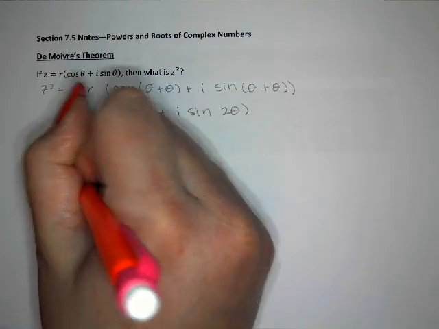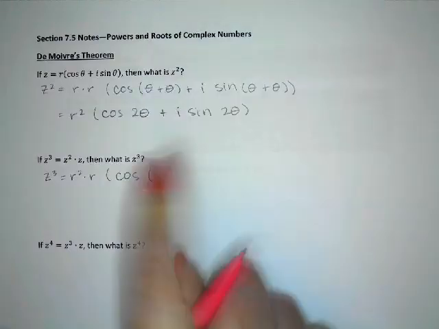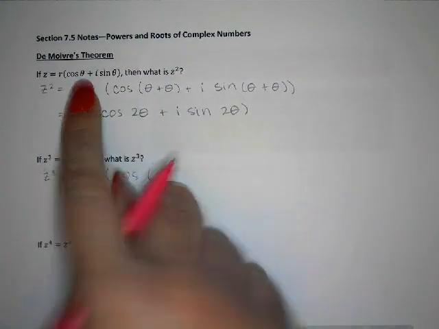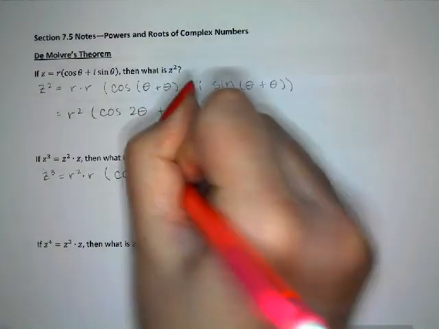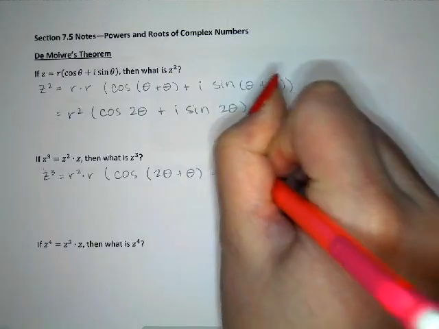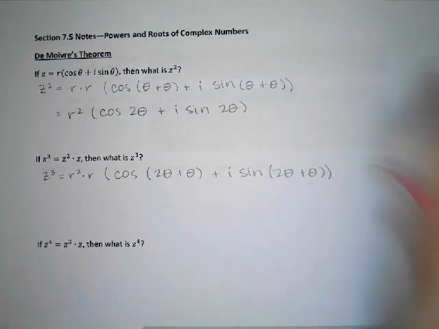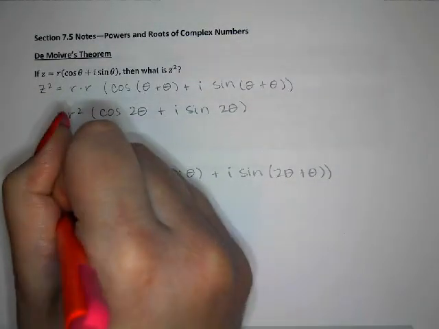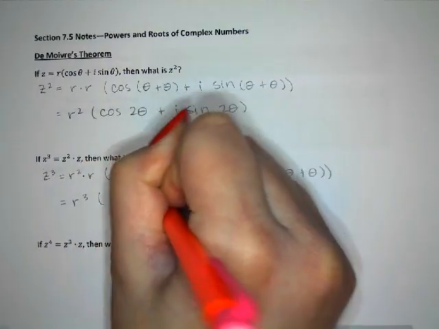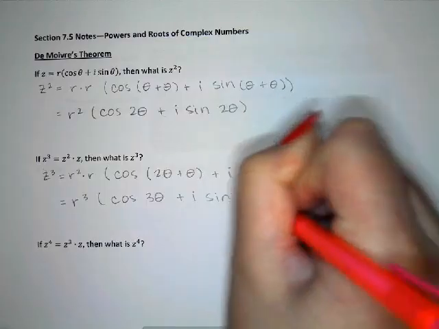That would be r squared times r, cos of the argument of z squared plus the argument of z, so 2 theta plus theta, and the same thing for sine, 2 theta plus theta. And so for z cubed, we would have r to the third cos 3 theta plus i sine 3 theta.